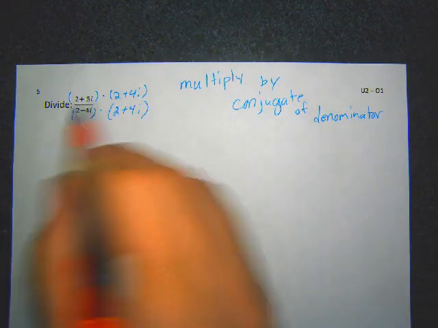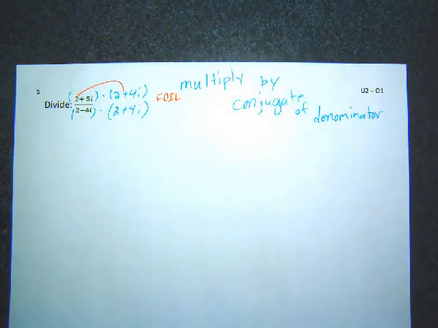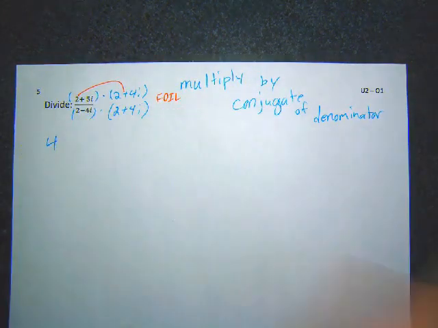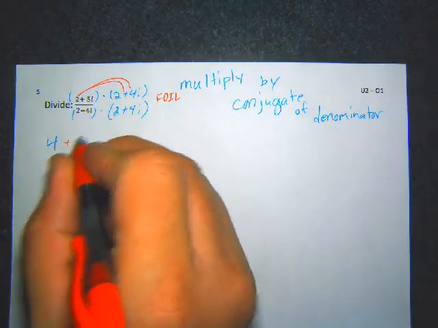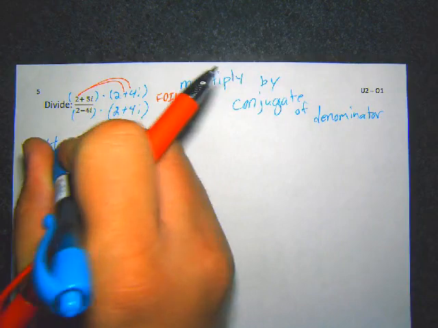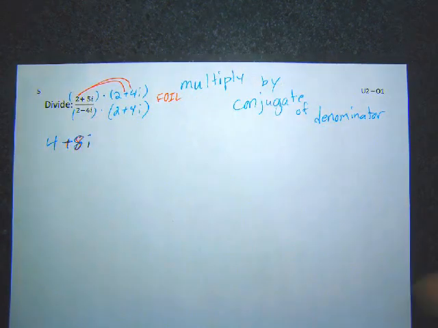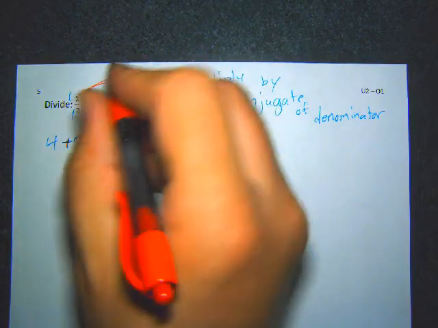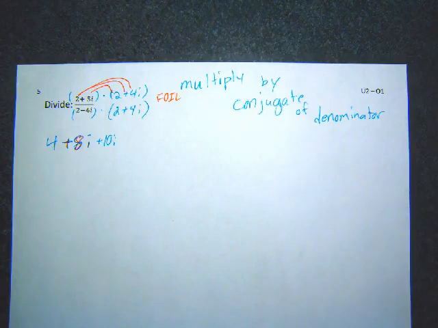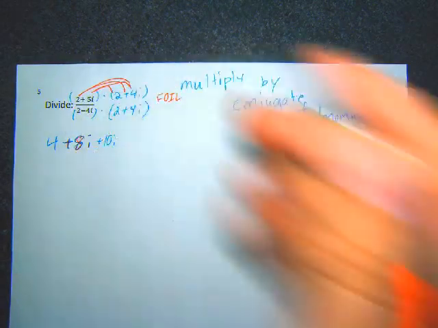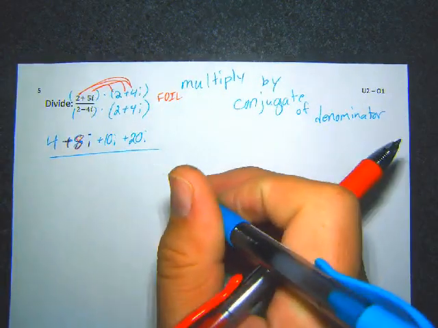Okay, so on the top, we're going to have to FOIL both of these. On the top, we do 2 times 2, and we get 4. Outside, 2 times 4i, so we get 8i. Then inner, 5 times 2i is 10i. And then last, 5i times 4i is 20i.